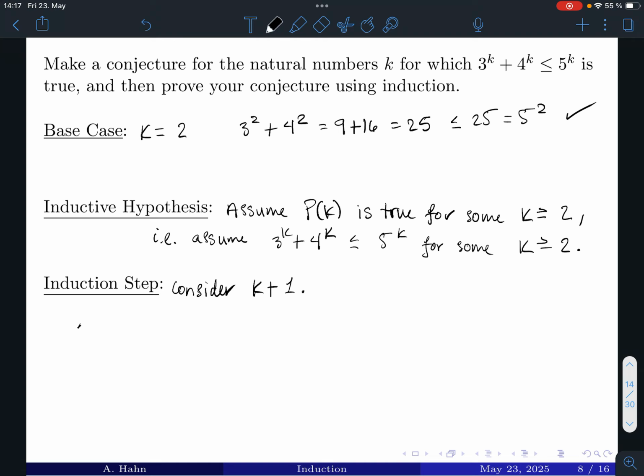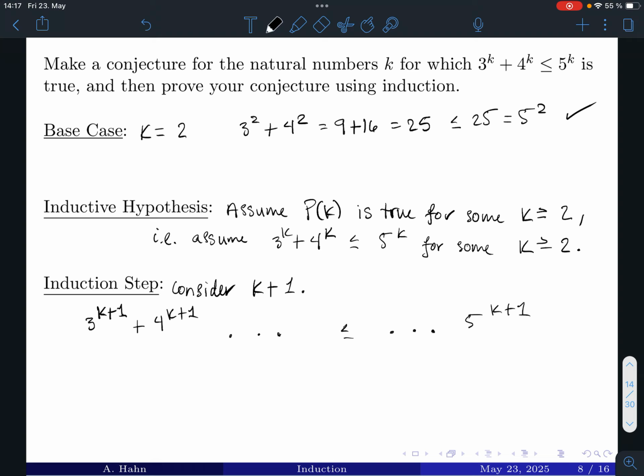So we want to write down 3 to the K plus 1 plus 4 to the K plus 1. And then eventually, dot, dot, dot, we want this to be less than or equal to dot, dot, dot, 5 to the K plus 1.